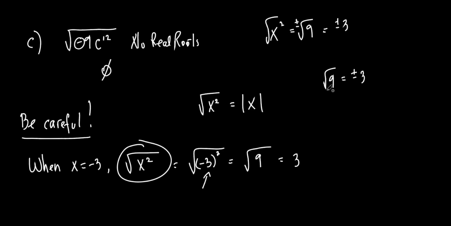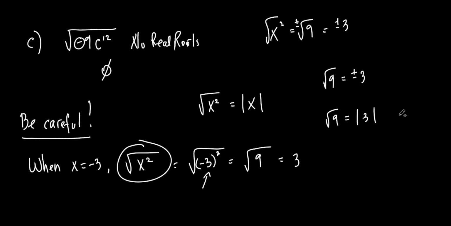But if I just said, what is the square root of 9? It's equal to the absolute value of whatever the square root is. So if I just said, what's the square root of 16? Don't tell me it's plus or minus 4. Just tell me it's 4. It's the absolute value of 4, which is just 4.